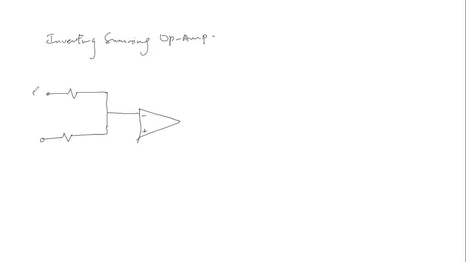So we have V1, V2, this is R1, this is R2. Then there's the output, V0. Then we have the feedback resistance, R sub F. Now, the non-inverting terminal is connected to ground, so V sub P here is equal to 0 volts. This is the non-inverting voltage, and this is the inverting voltage.